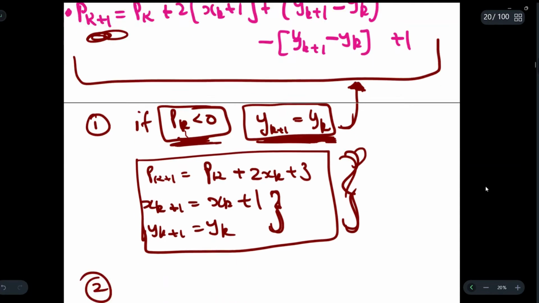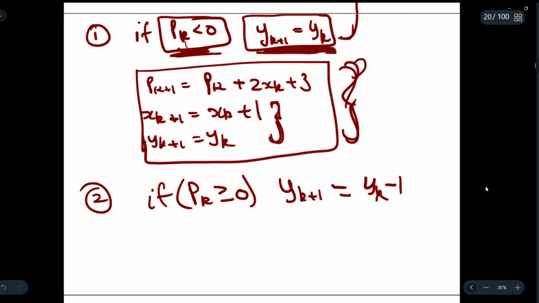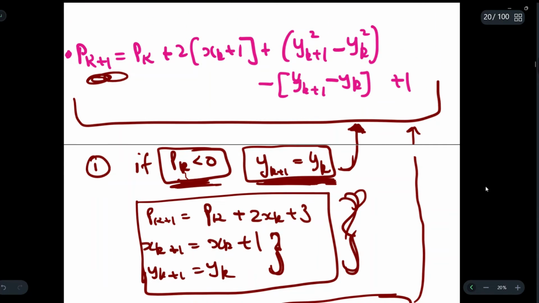Now similarly we will consider another case, if the value of pk is greater than or equal to 0. Now here we will consider the value of yk plus 1 as yk minus 1, that is this, and we will substitute this value in this equation, similarly as we had done for the previous case.